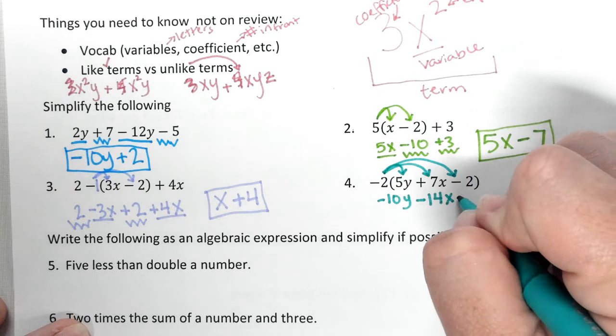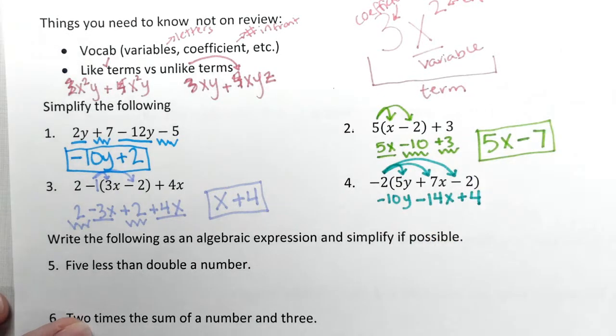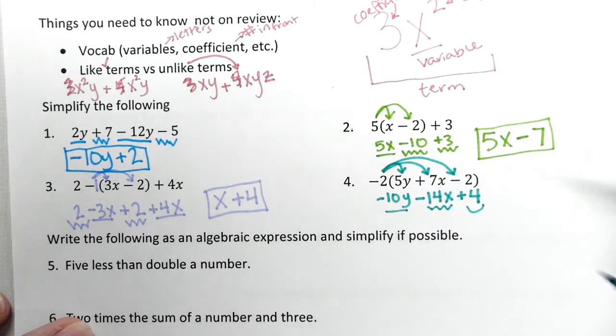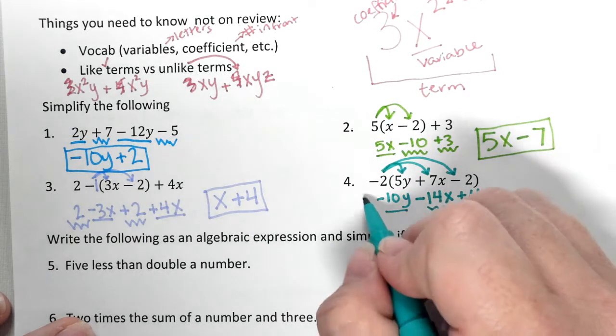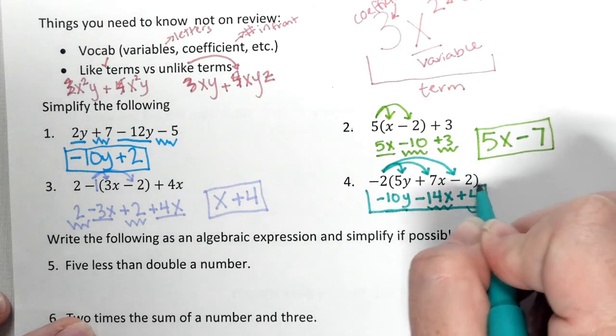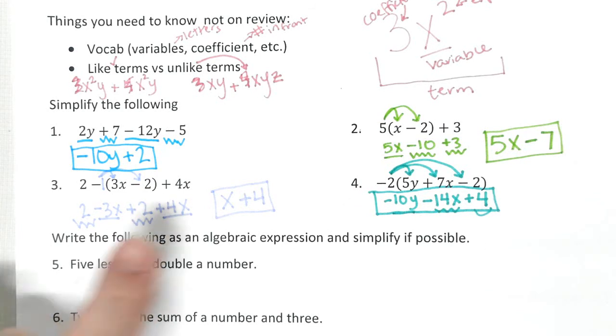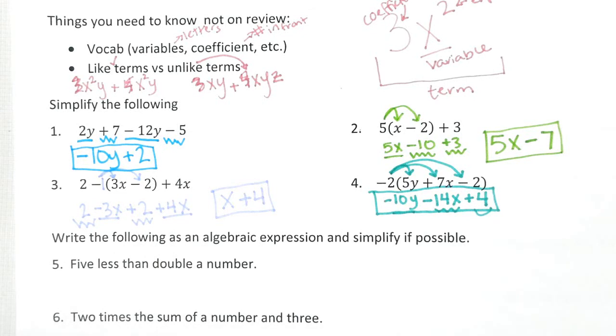Negative 2 times negative 2 is positive 4. Now this has a y, this has an x, and this has nothing. None of them are the same. Therefore this is your answer. They cannot be combined. Sorry, that color is really light, but hopefully y'all see it.